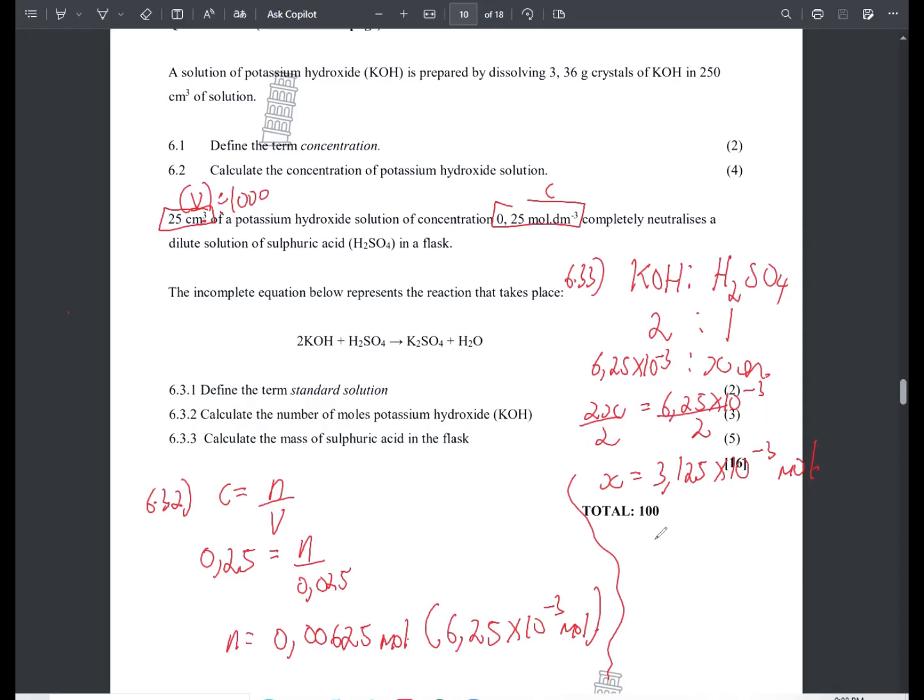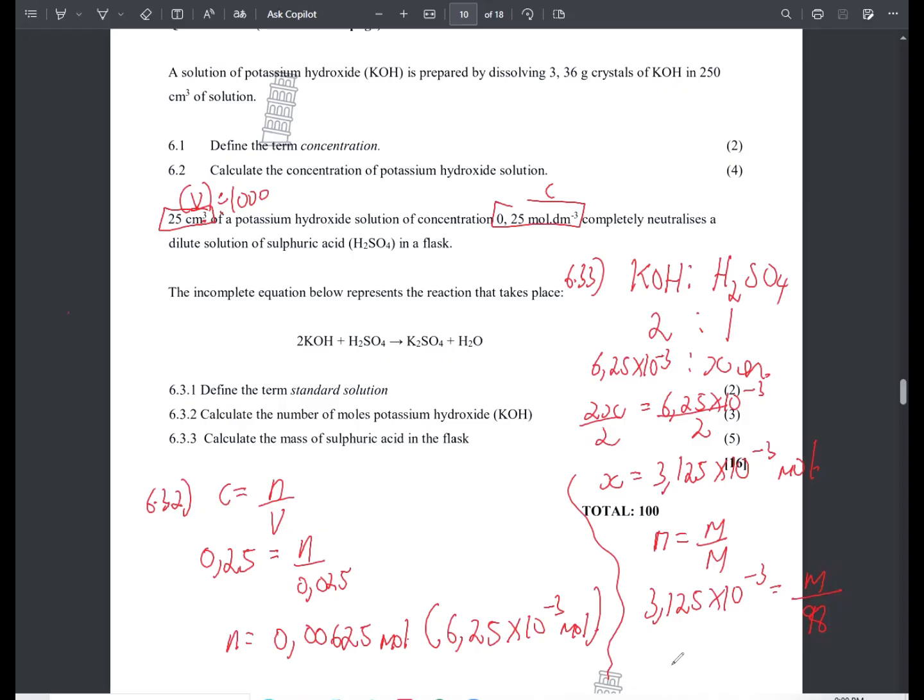Then to calculate the mass, we'll say N is equals to mass over the molar mass. Put our number of moles there. And then we have mass, and then the molar mass now of this is 98 here, and then we cross multiply. 98 multiplied by 3.125 multiplied by 10 to the exponent of -3.